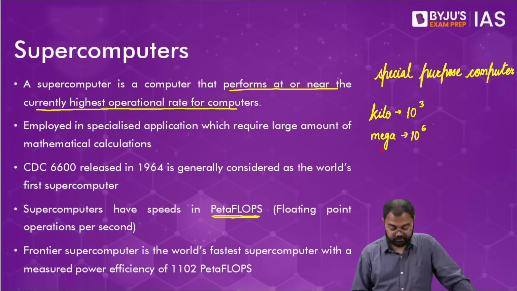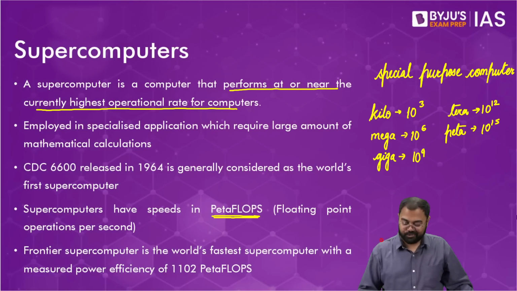Then you have giga. Giga is 10 to the power of 9. And then comes tera. Tera is 10 to the power of 12. And then comes peta. Peta is 10 to the power of 15. And if you want to go one step further, you have exa. Exa is 10 to the power of 18.